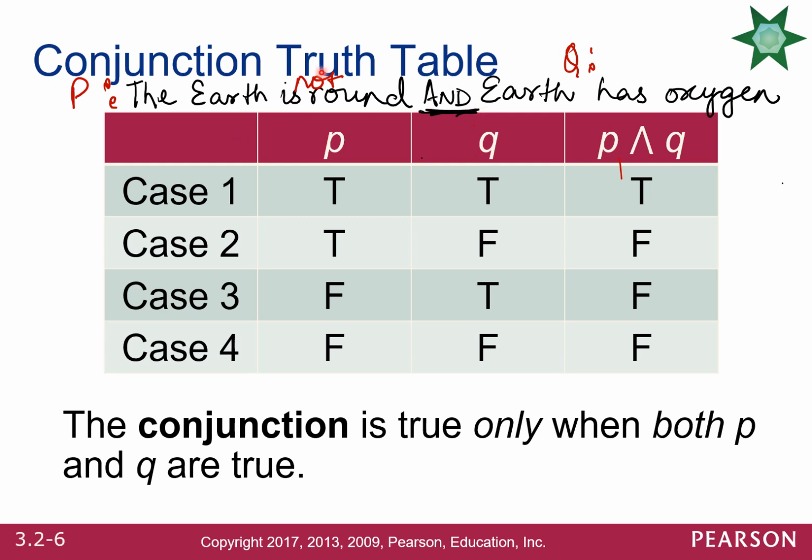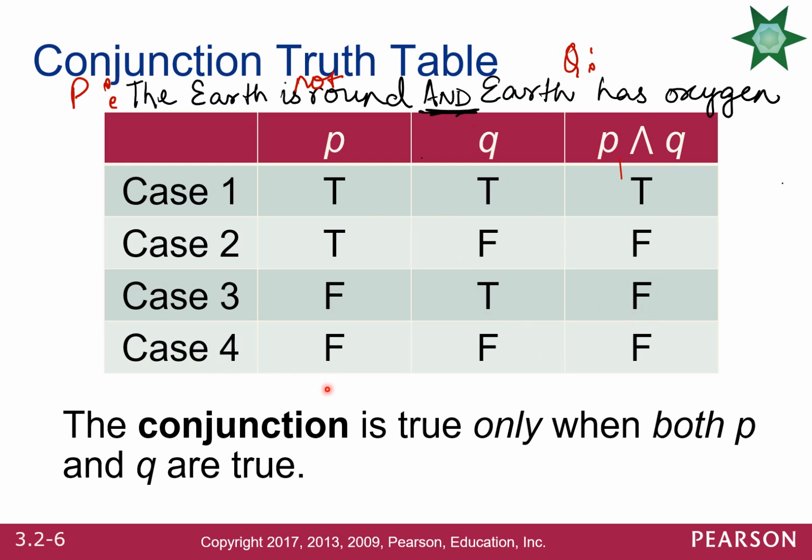So the earth is not round and earth has oxygen. So even though the second statement is true, the first statement is false, therefore this entire compound statement is false. So in the case of F and T, the final result is a false.